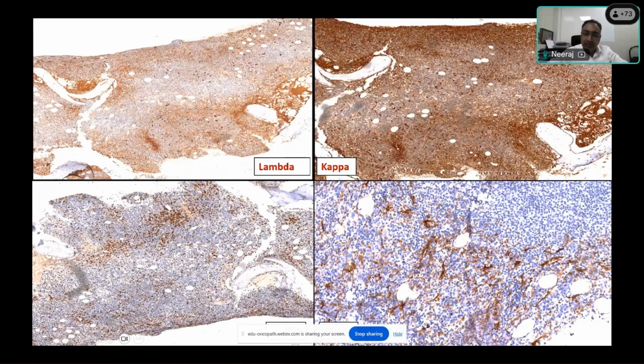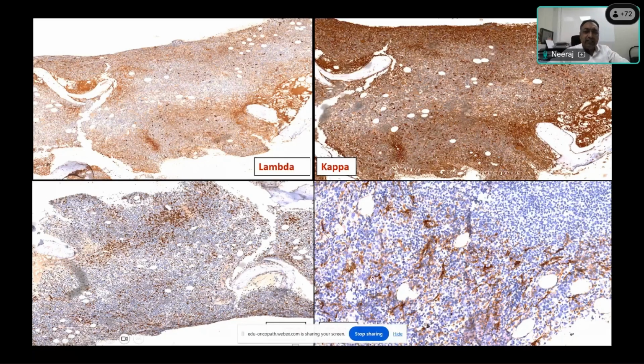And subsequently, on the kappa lambda immunostain, you can see there is a kappa restriction, and the lambda immunostain is negative. So you have a CD20 and CD138 increase with a variegated appearance, which is kappa restricted. So it is a clonal infiltrate, probably lymphoplasmacytoid in nature.